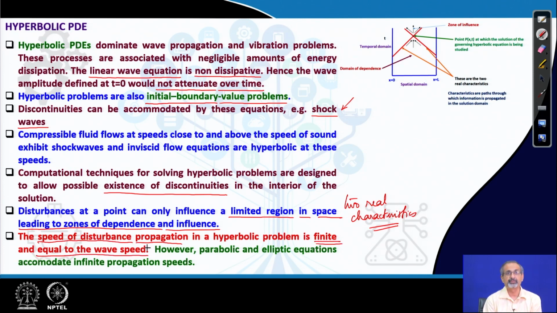It is equal to the wave speed. You may recall that in the linear wave equation we had a velocity of the wave. So, the waveform was propagating with that velocity, either in the positive x or negative x direction, when we were considering a one dimensional linear wave equation. However, in parabolic and elliptic equations, we see infinite propagation speeds of disturbances or information.